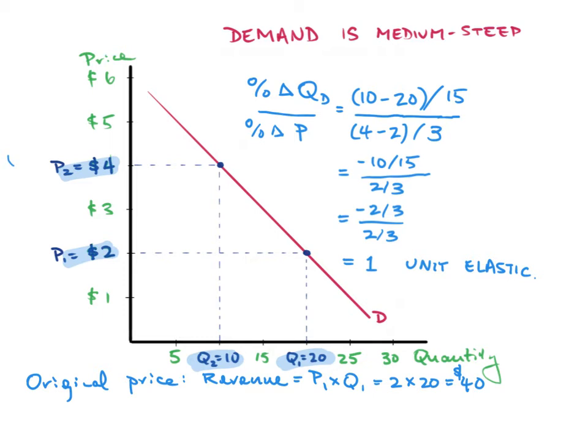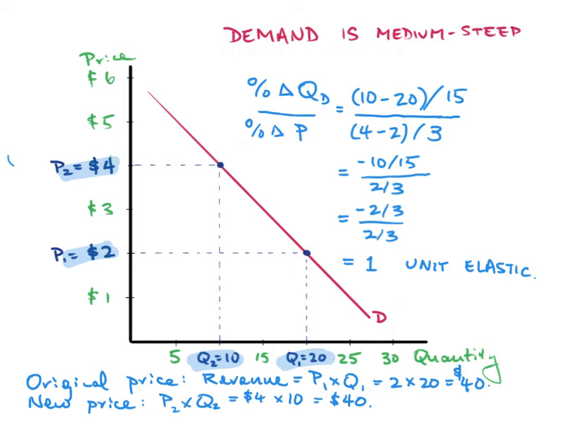At the higher price, the new price, revenue is P2 times Q2. So $4 times 10 that are sold is $40.